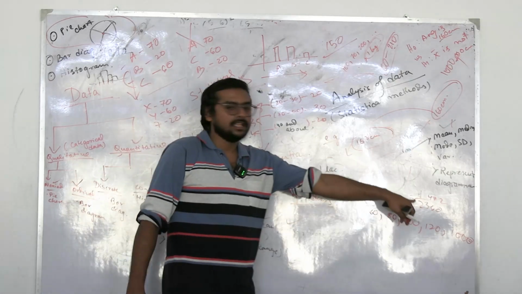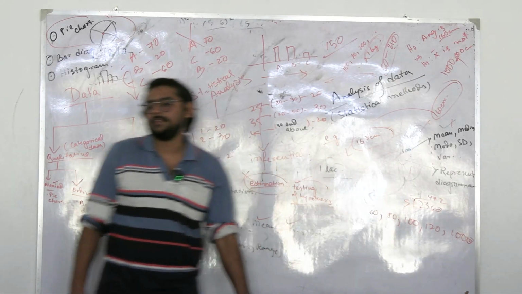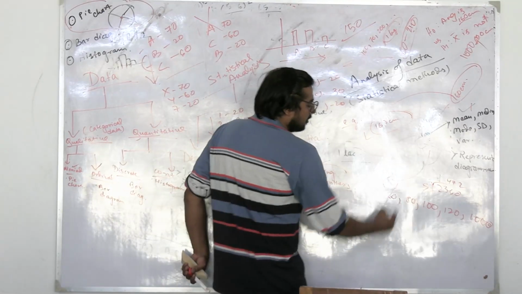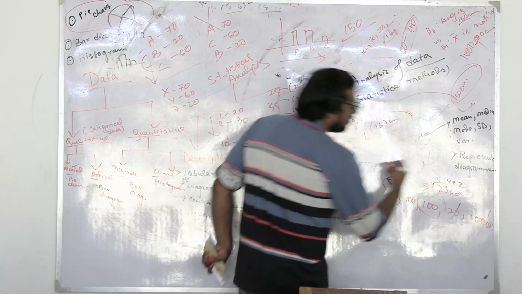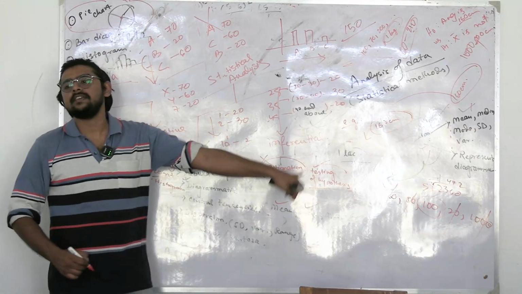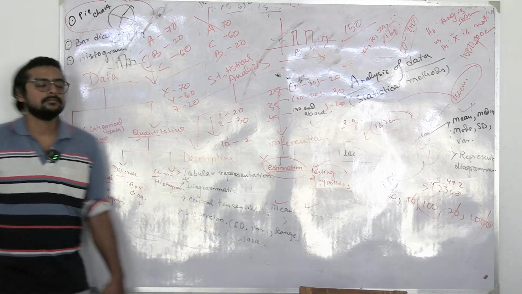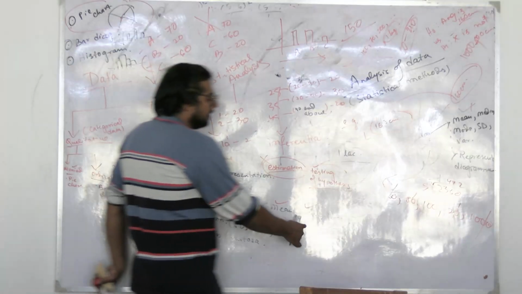Is this logical? Like someone is having 472 grams of rice. Is it a logical average? No. But let's find the median. So the median is least affected by outliers. Understood? So these are the cases where we use the median.